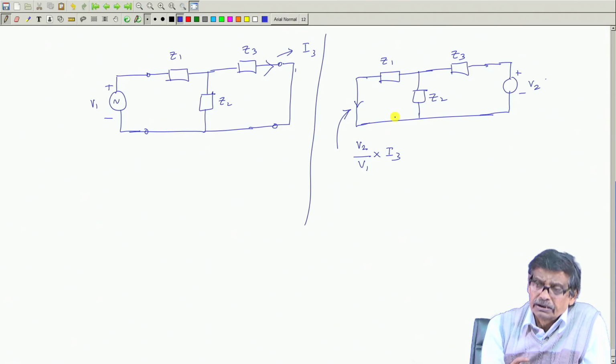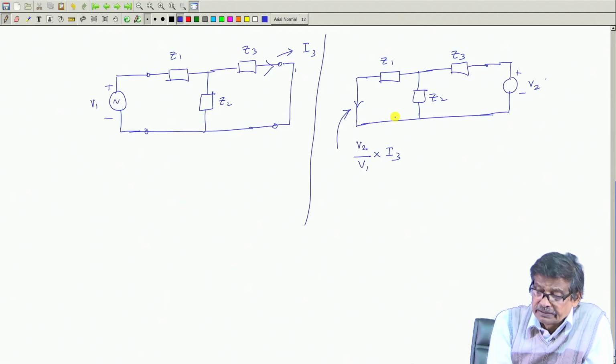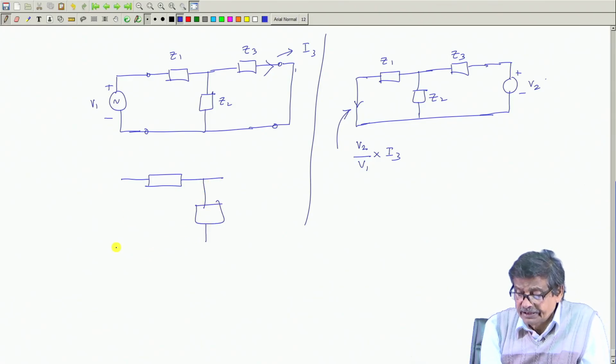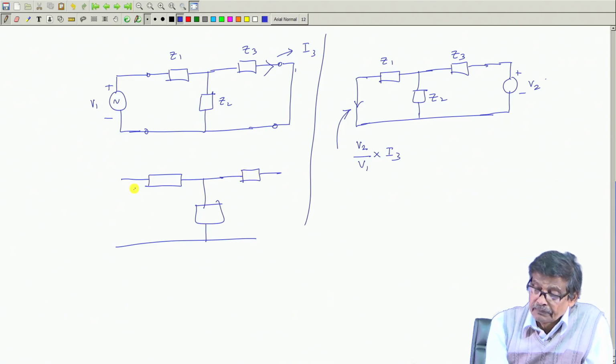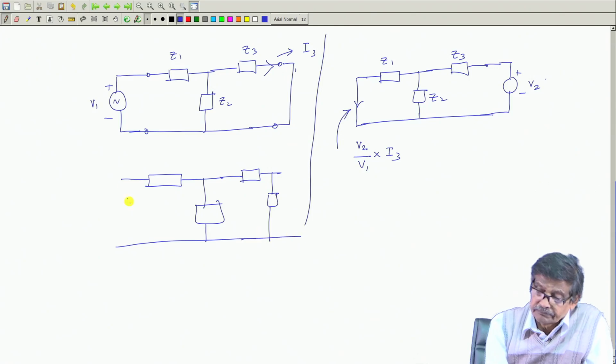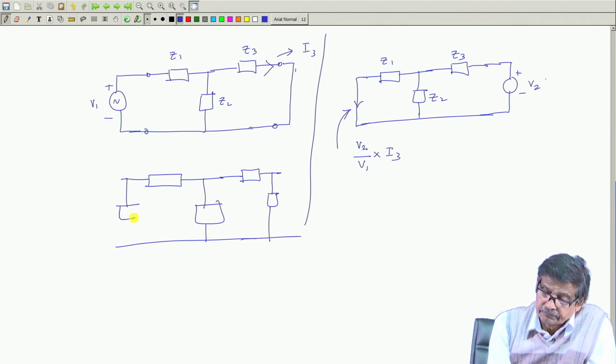Similarly, in a network, if you apply a current, this I leave it to you. Suppose we have a network like this, an extension of this. Suppose you connect a current source I 1 s here instead of a voltage source.